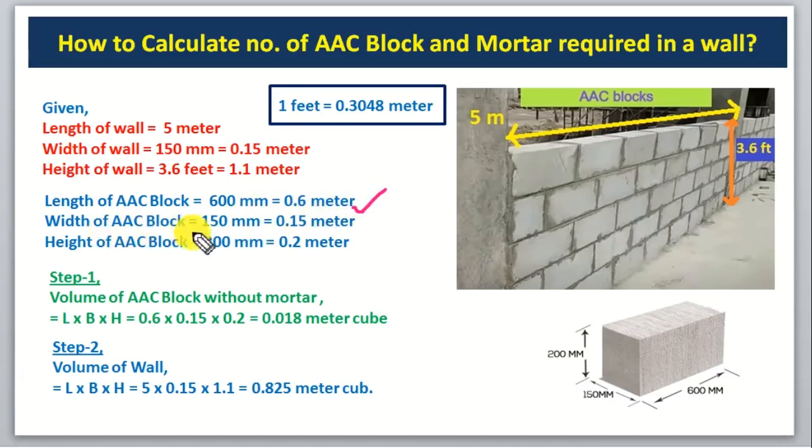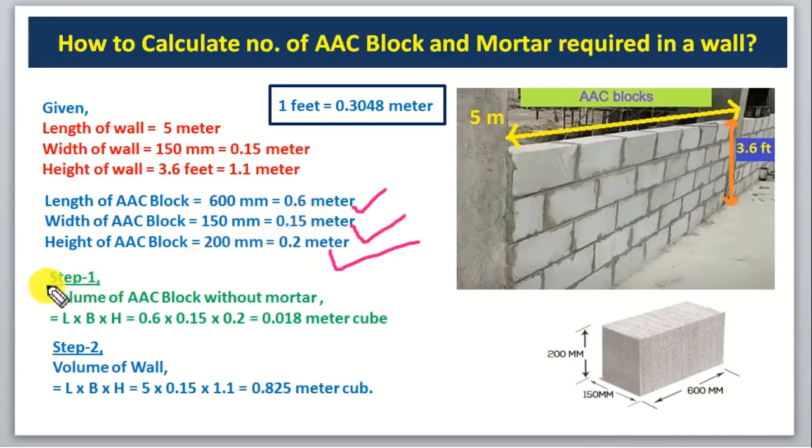The width is 150 mm, which is 0.15 meter, and the height is 200 mm, which is 0.2 meter. Okay, now let us move step by step.